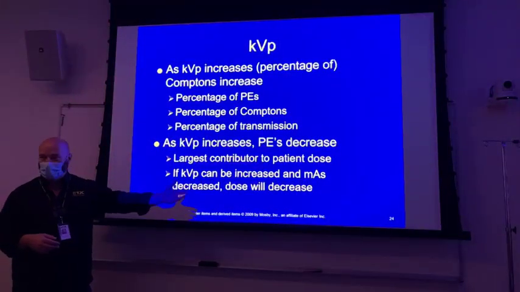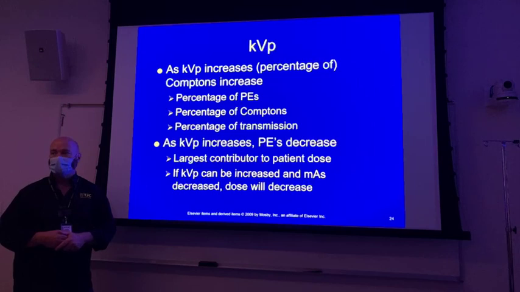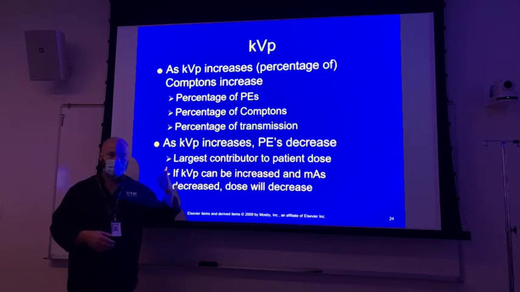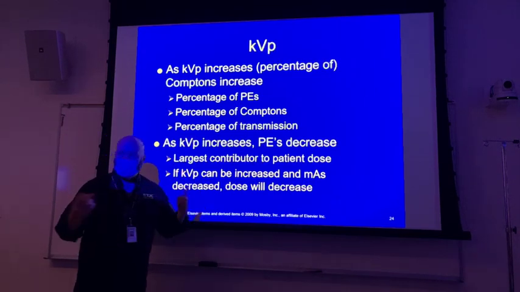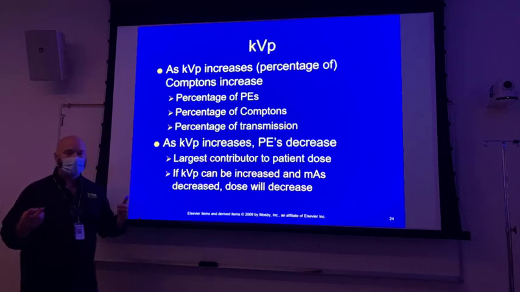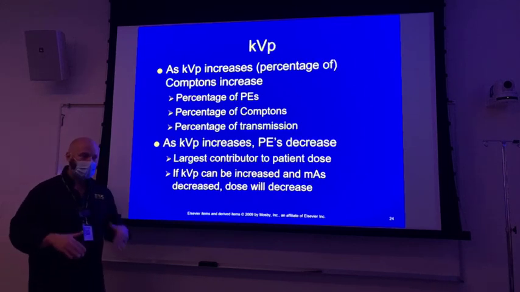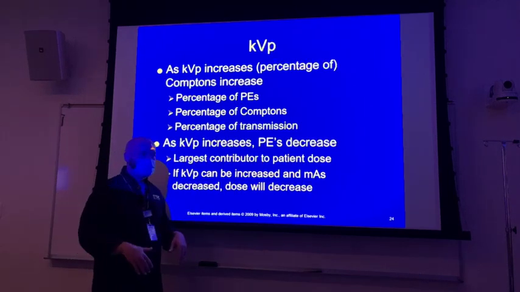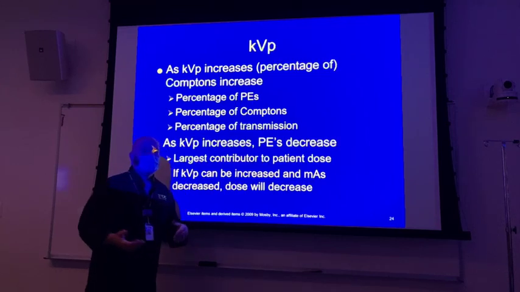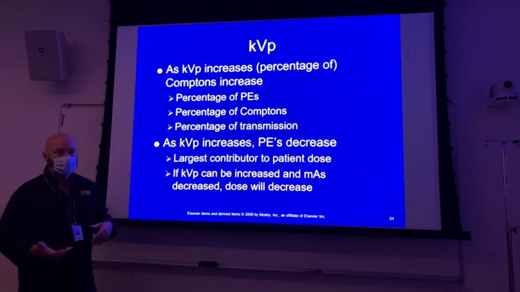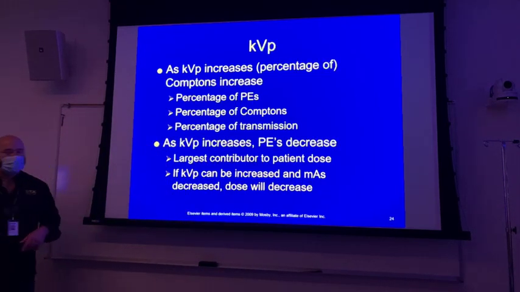You increase your kVp all by itself, and what happens to dose? Goes up, right? You reduce your mass by a factor of 2, and what happens to patient dose? It goes down. It comes down to lower than what it would have been with lower kVp and higher mass, but it's not a reduction by a factor of 2. Okay, so your patient dose goes down with higher kVp, lower mass techniques.